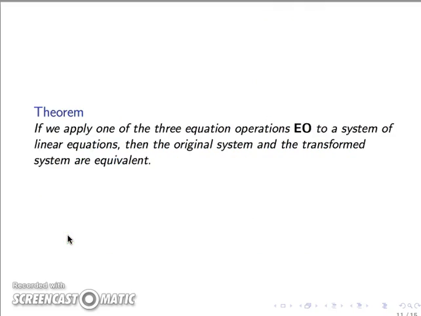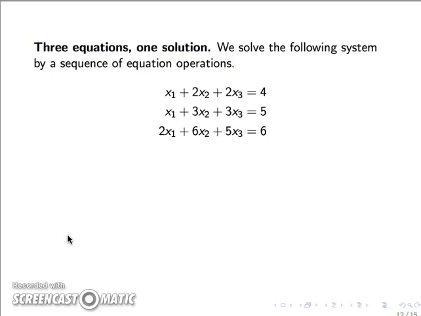So we're going to apply these types of operations to the following example, and we're going to use some notation here. So suppose we're interested in this system, maybe as a matter of illustration, based on the type of notation that we just previously discussed.